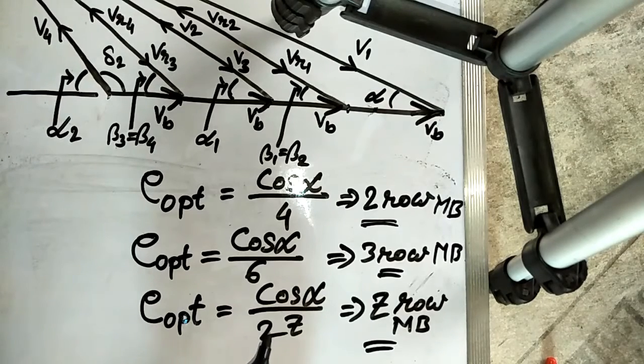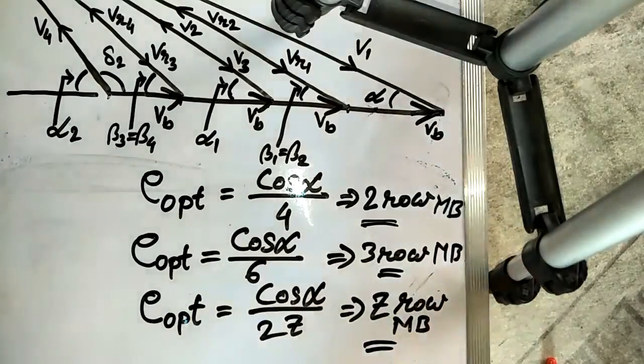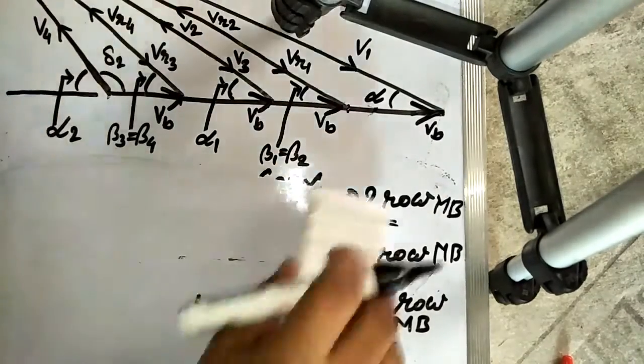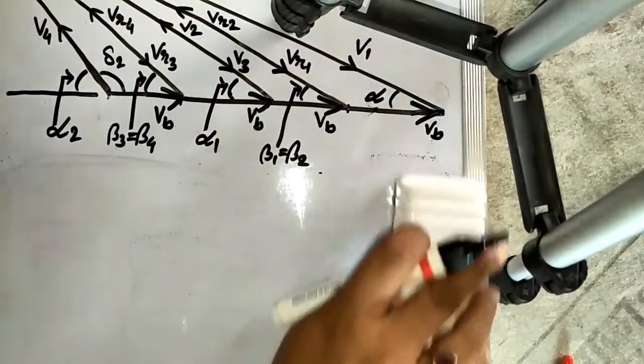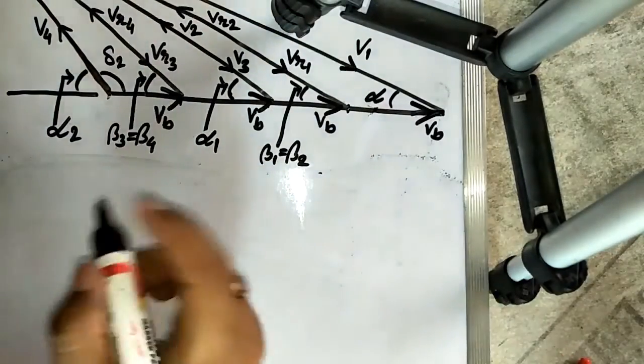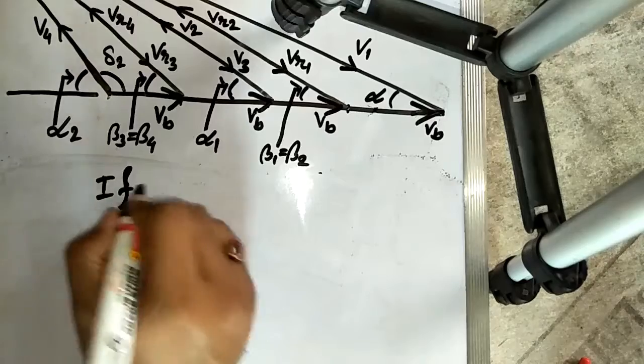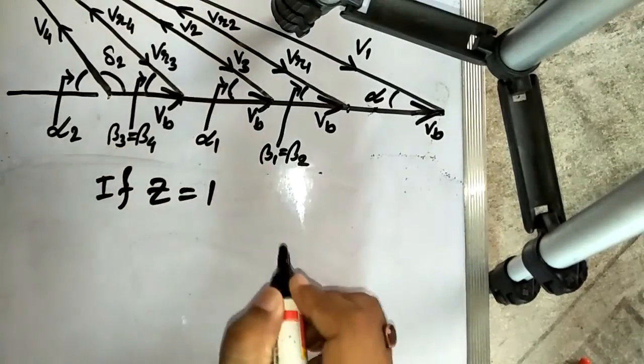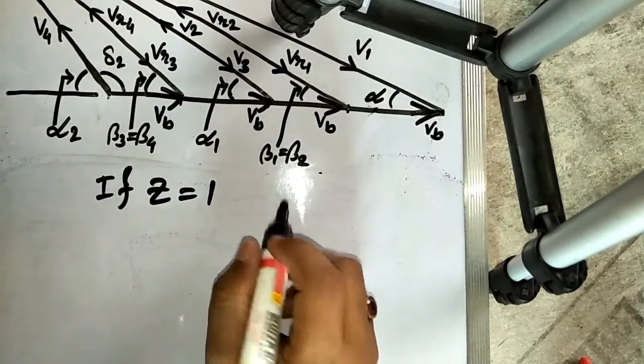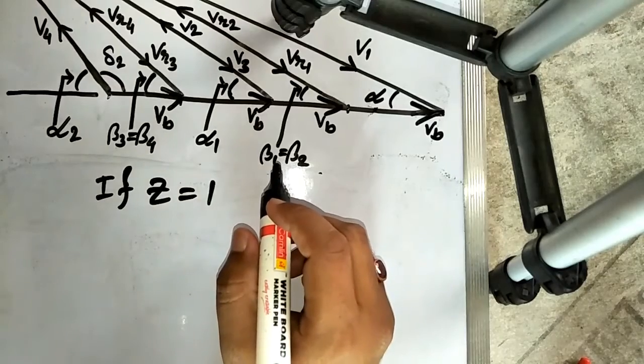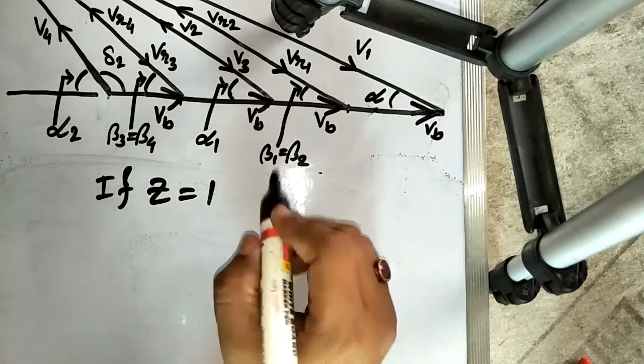Now if z equals to 1, we get a simple impulse stage.